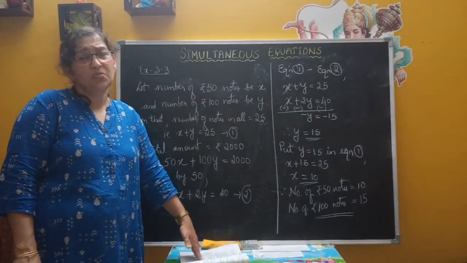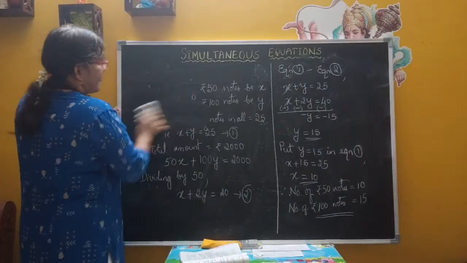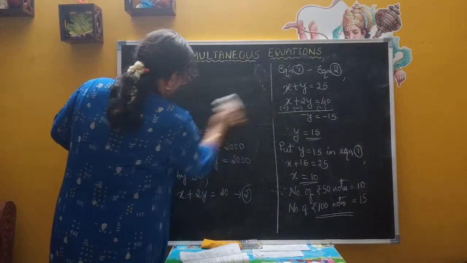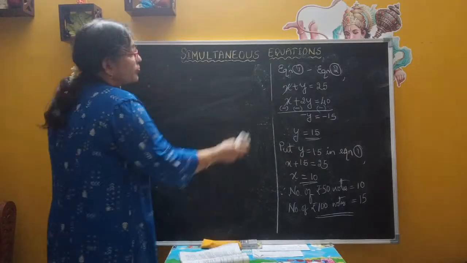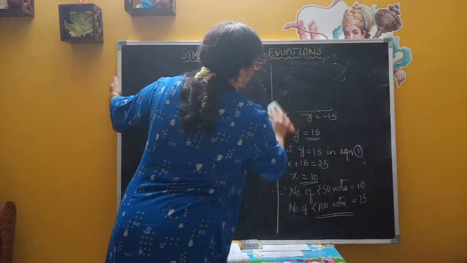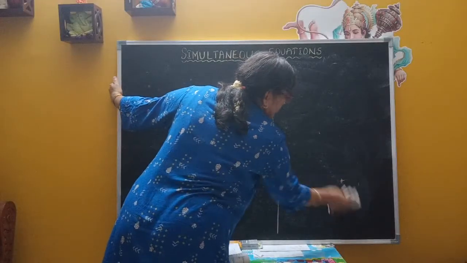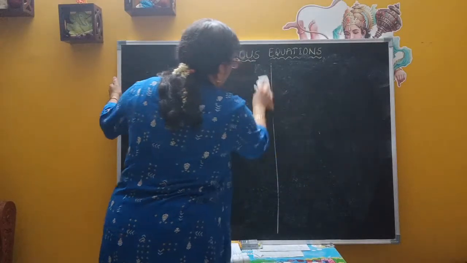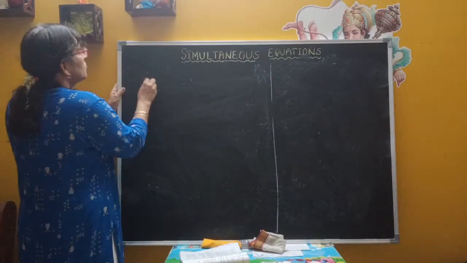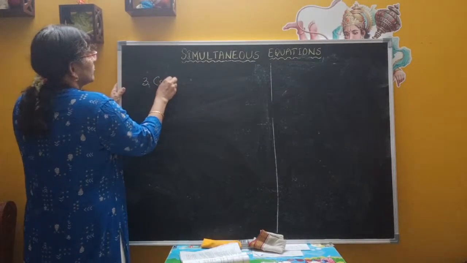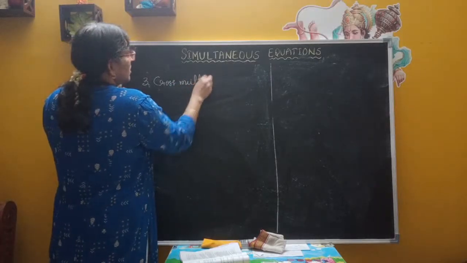This is one of the easiest methods actually. So this third method is the cross multiplication method.